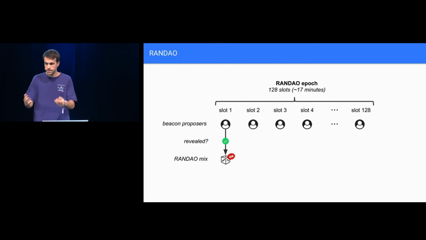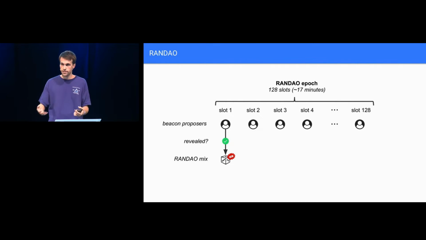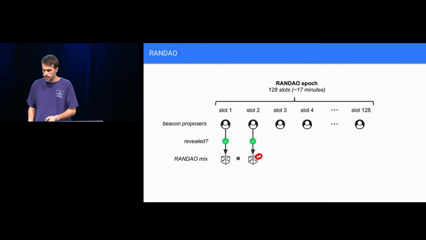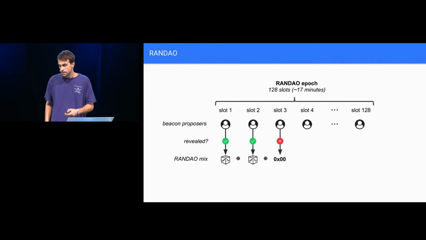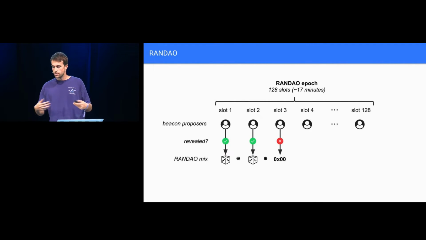So the first beacon proposer reveals his secret, which is like local entropy, and it contributes to this pool of entropy through the RANDAO mix. So we have the next revealer that's mixed in using the XOR sign.